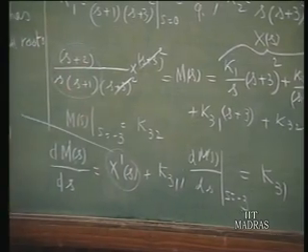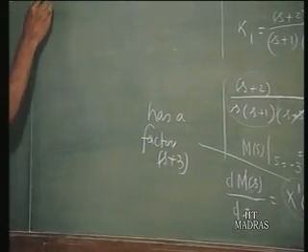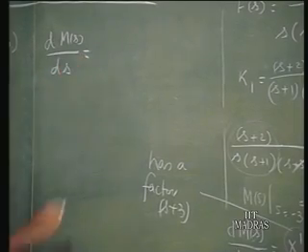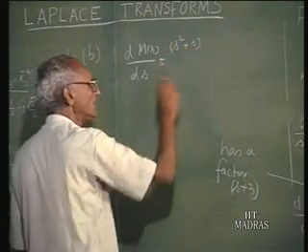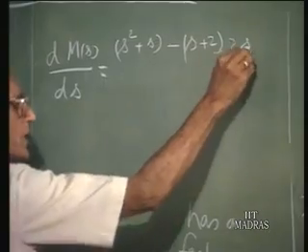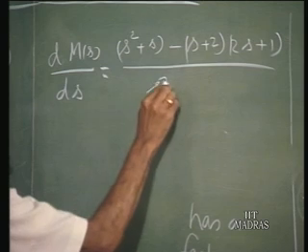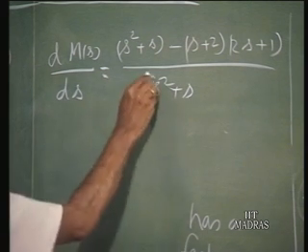So if you calculate that, you have the derivative of m of s with respect to s equals the derivative of this: s squared plus s times 1 minus s plus 2 times s squared plus s, that is 2s plus 1, divided by s squared plus s whole squared, that's right.